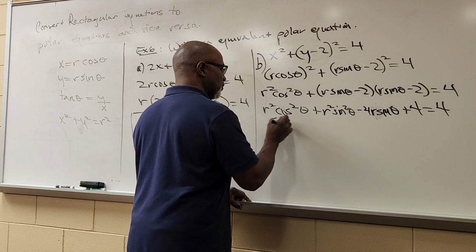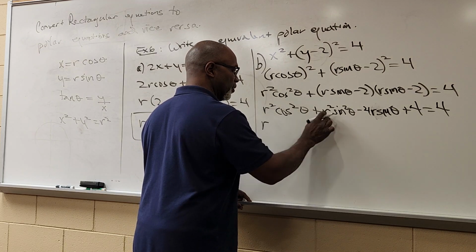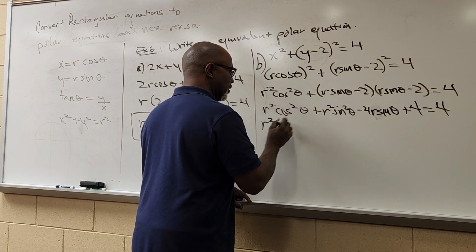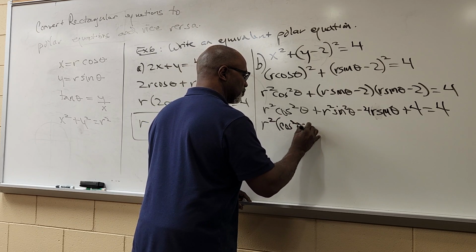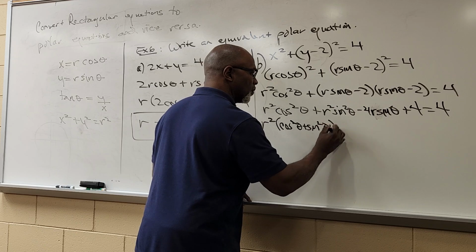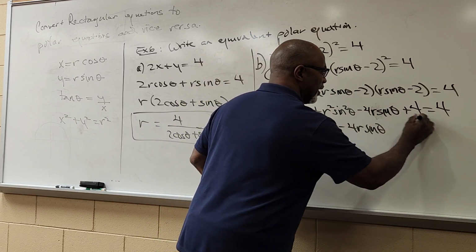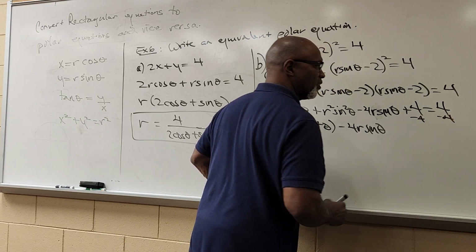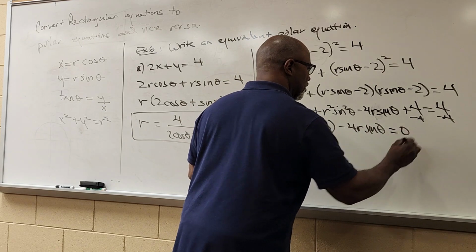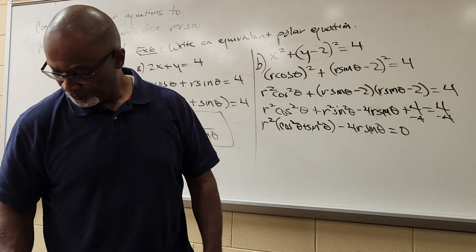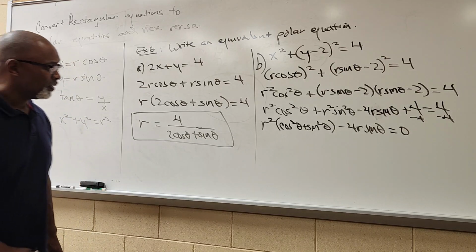Okay, so if I look at these first two terms right here, cosine squared, I can factor out the r squared, minus 4r sine theta. And if you subtract 4 on each side, you'll just get equals 0.